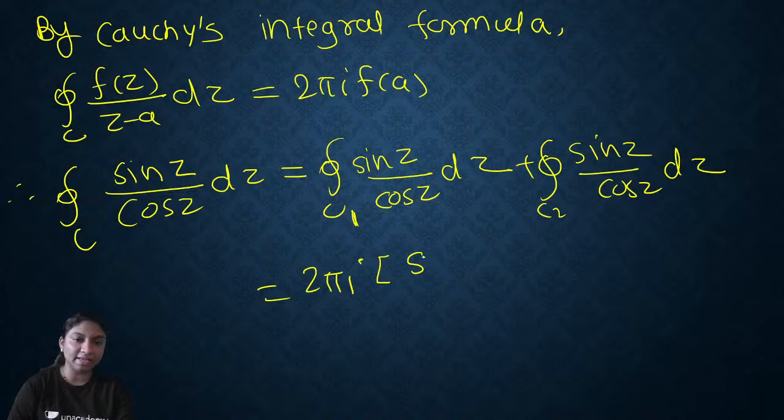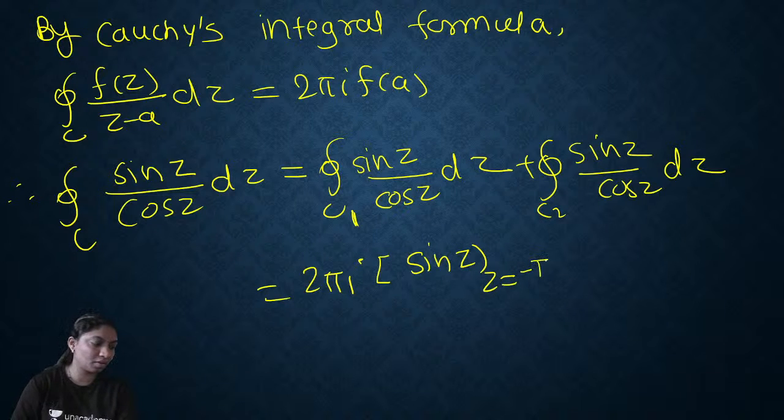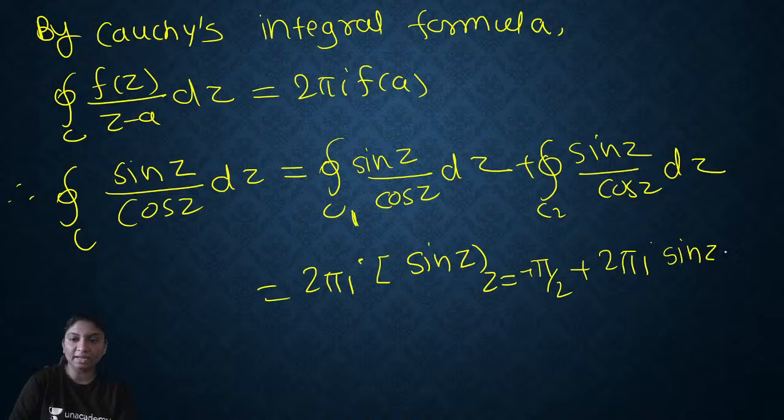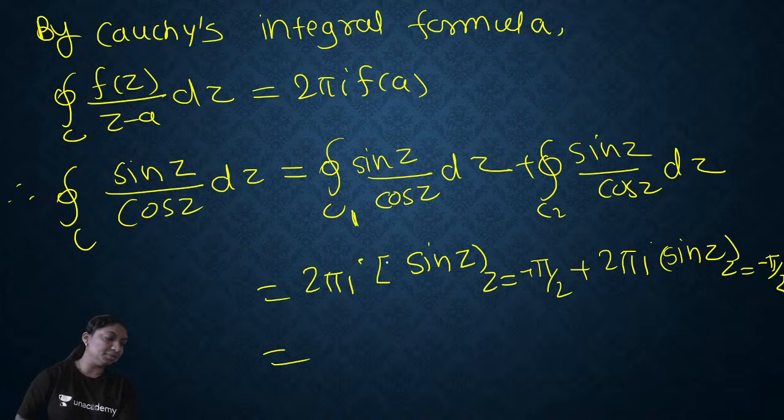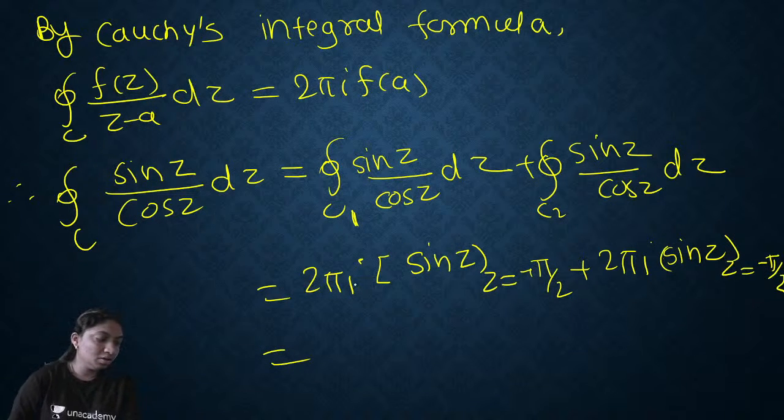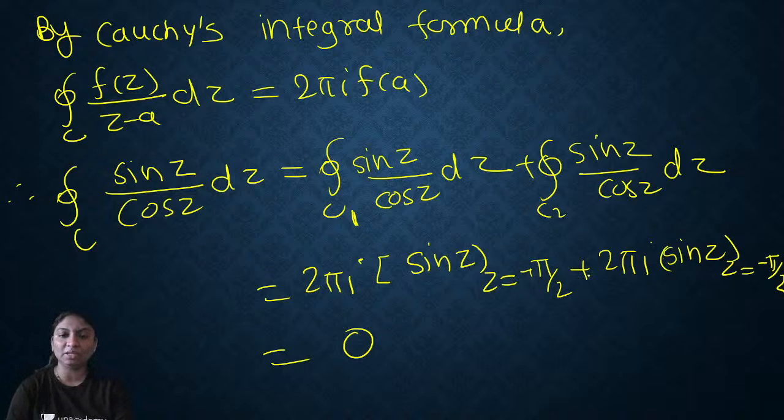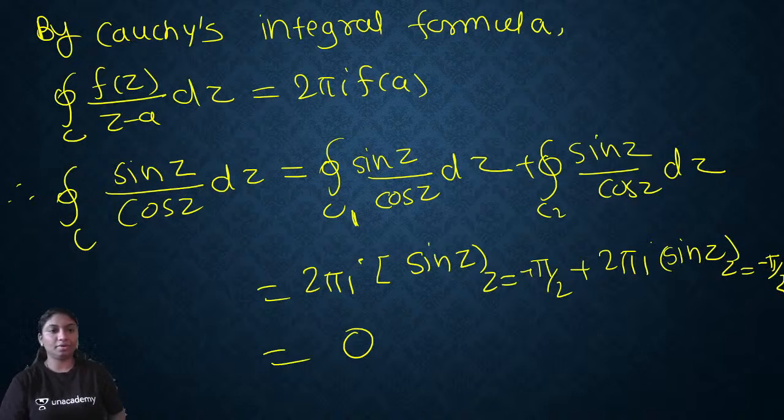What is f of a? sin z at z is equal to minus pi by 2 plus sin z at z is equal to plus pi by 2, into 2 pi i. So ultimately it will give you 0, because sin of minus pi by 2 is minus sin pi by 2 and plus sin pi by 2, so this will give you 0, right? So the value of the integral is 0. Okay?